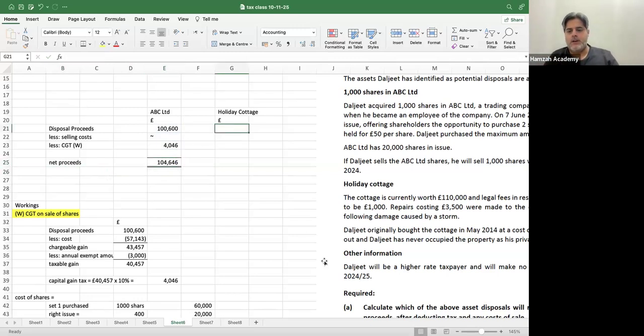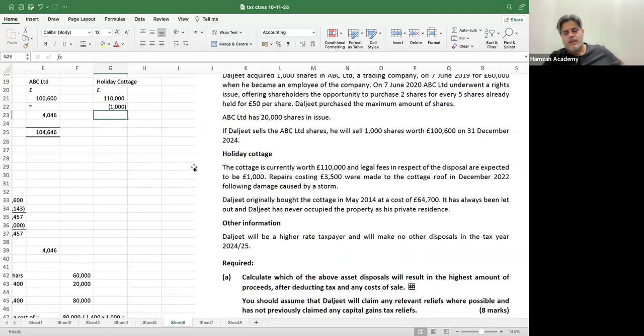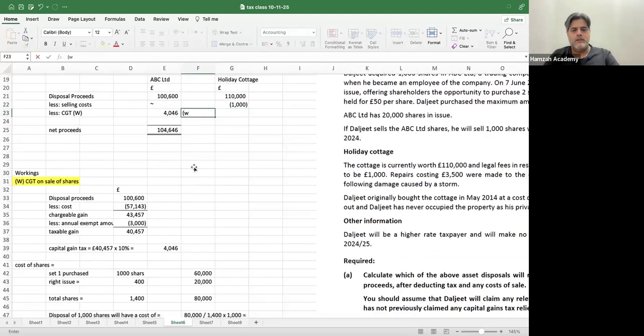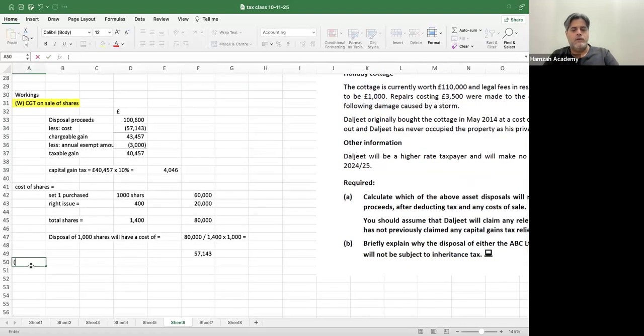Now, as far as the holiday cottage is concerned, it's currently worth 110,000, so it will be sold for 110,000. The legal fee in respect of the disposal is expected to be 1,000. And then the capital gain, working one: CGT on disposal of cottage.